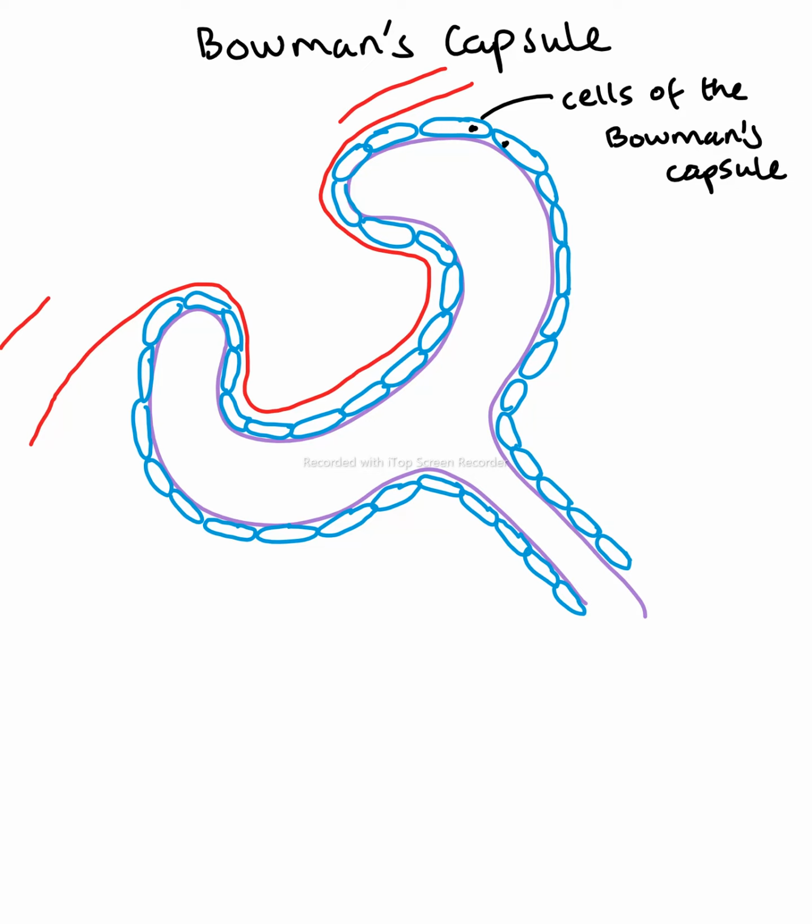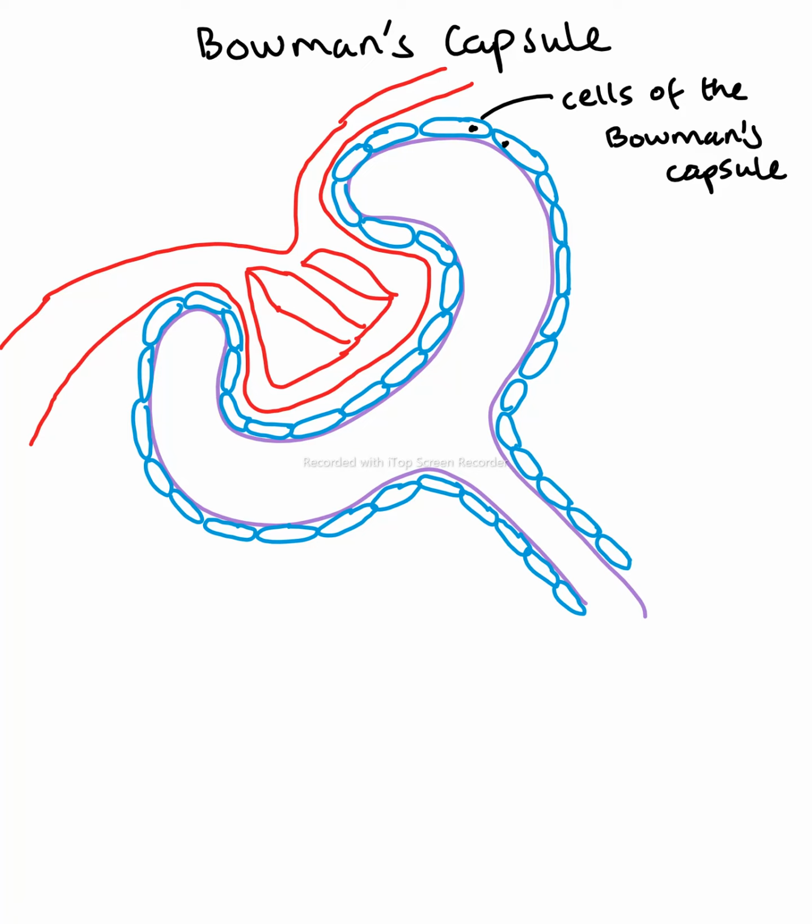There's a lot of pressure in here, and at the same time this splits up into lots of little capillaries, so it increases the pressure even more. So you've got lots of little capillaries going around.